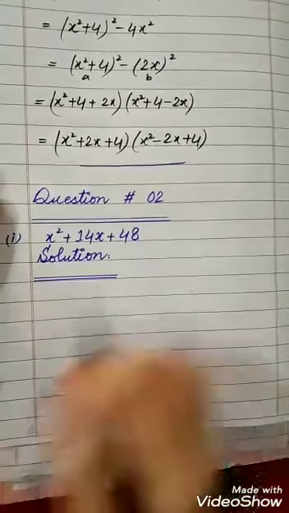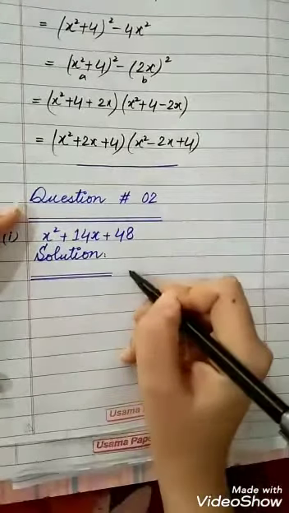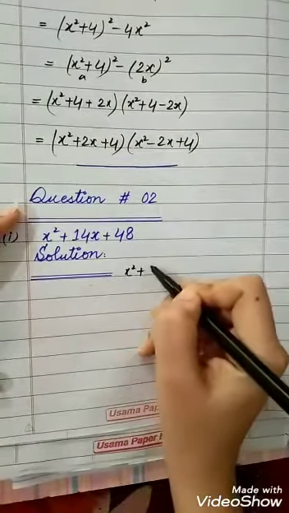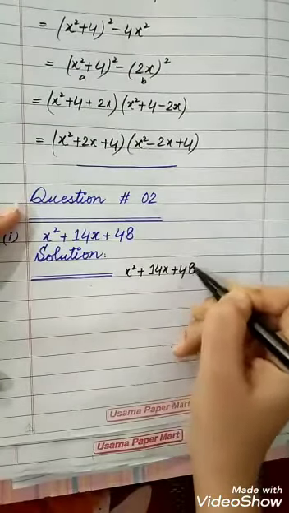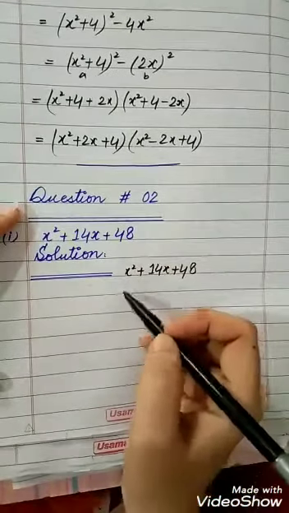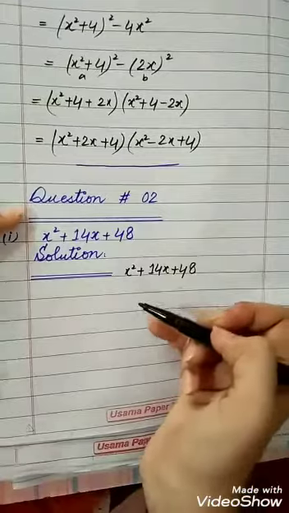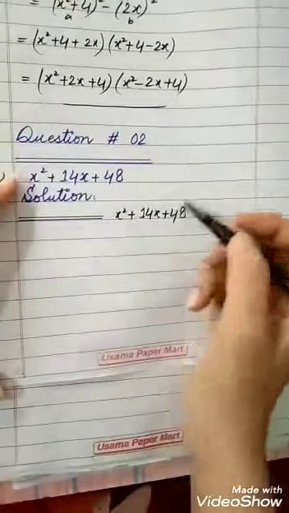Now students, question number 2 is also about factorization. The expression given is x square plus 14x plus 48. We have to factorize it. Already you know about this method, how to factorize.